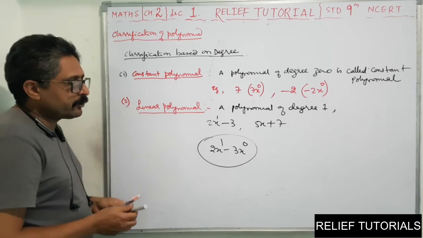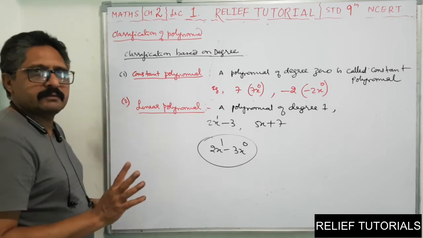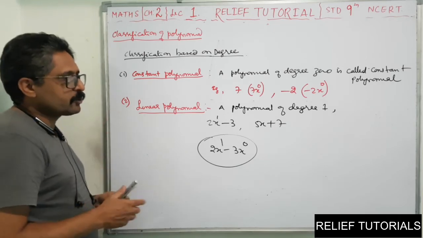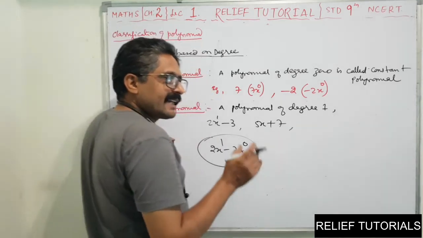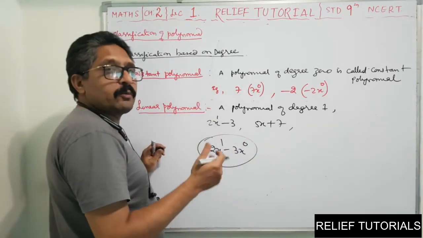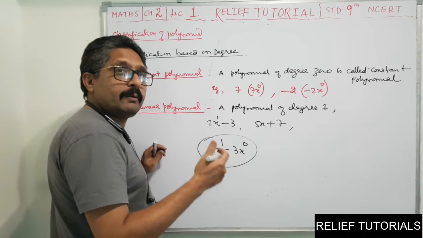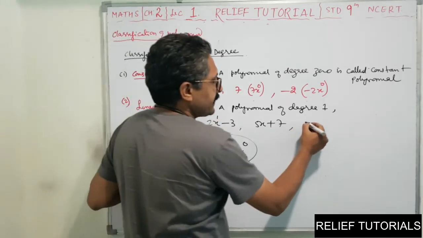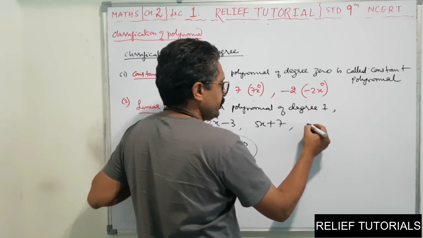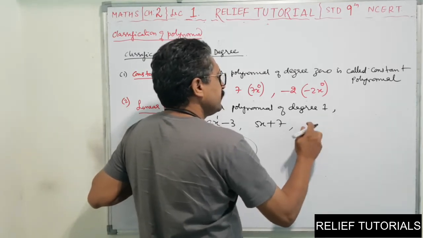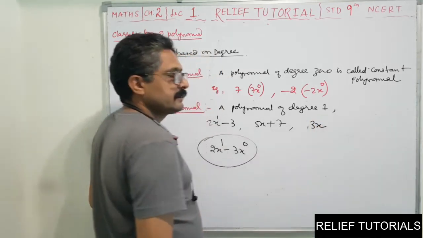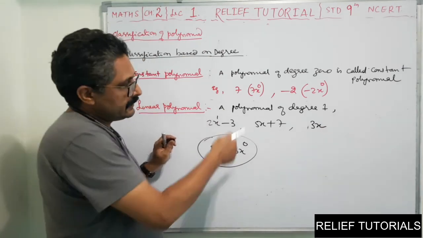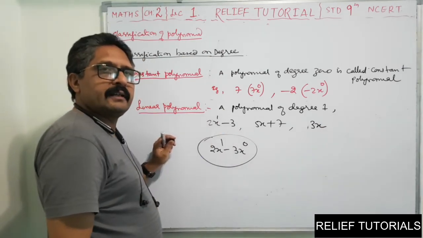And in a linear polynomial there are at most 2 terms. See, at most 2. It is not necessary that there should be 2 terms only. At most means there can be fewer terms. See, I can take this example also for a linear polynomial, 3x. It is a linear polynomial. Why?